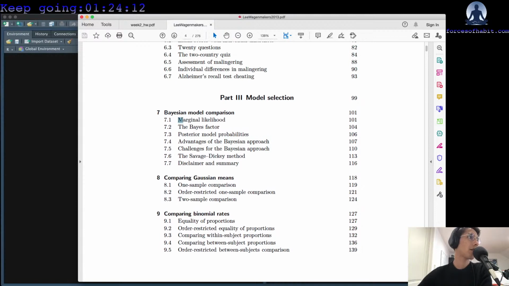From what I browsed, the chapter on Bayesian model comparison is really an overview of the motivation for why we want to do model selection, and how people have approached model selection in the cognitive modeling sphere, at least at the time of the writing of the book. It's going to be really conceptual.